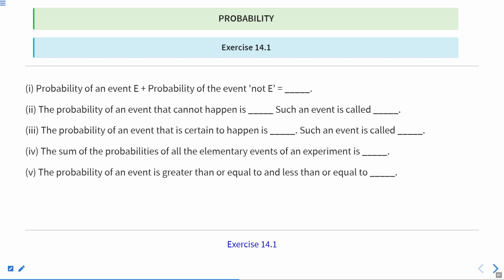You can visit our website and there you will see the previous lectures on this topic, with the theory about this question, studied in detail. In the fifth one, we have: the probability of an event is greater than or equal to dash and less than or equal to dash. We know the probability of an event is always greater than or equal to 0 and less than or equal to 1.